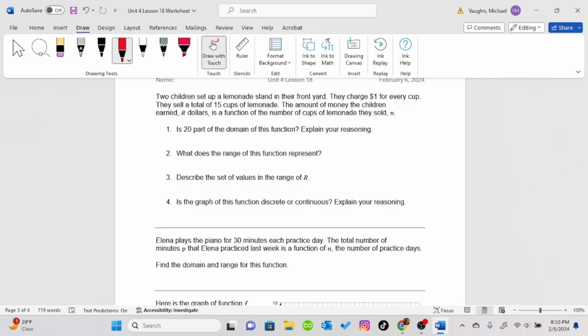So number 1 is referencing the domain. The domain is our input. Anytime you see is a function of, the next thing is your input. So my input is the number of cups of lemonade they sold. They sold a total of 15 cups, so 20 is not part of the domain.